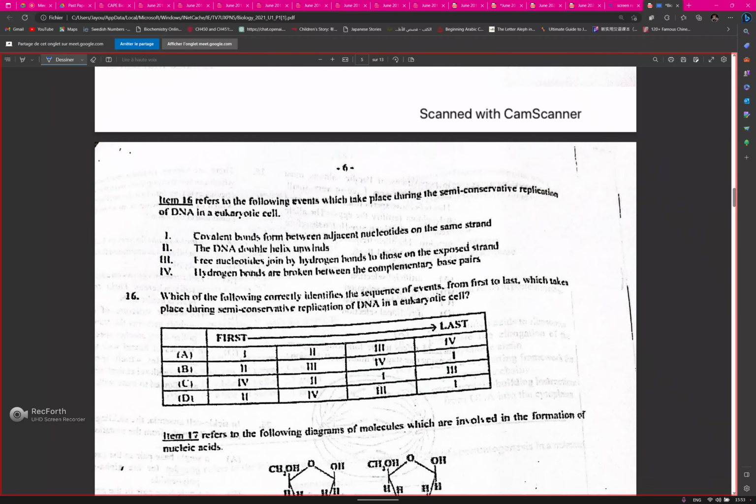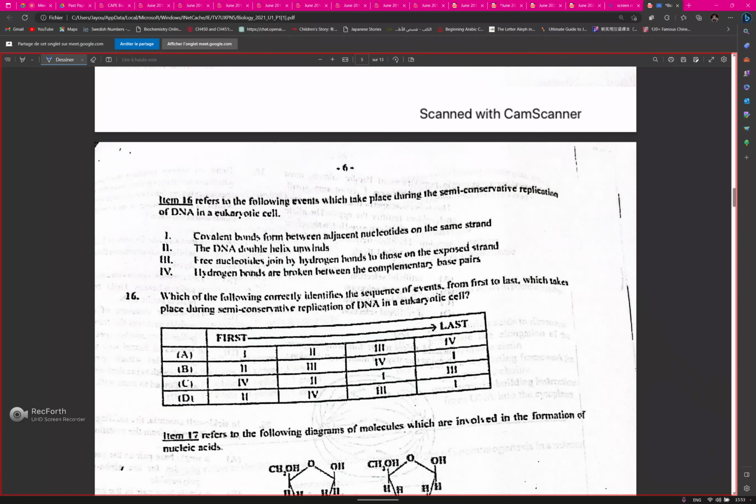Here now, let's understand this. Item 16 refers to the following events which take place during the semi-conservative replication of DNA in a eukaryotic organism. First, covalent bonds form between adjacent nucleotides on the same strand. 2, the DNA double helix unwinds. 3, free nucleotides are joined by hydrogen bonds to those on the exposed strand.